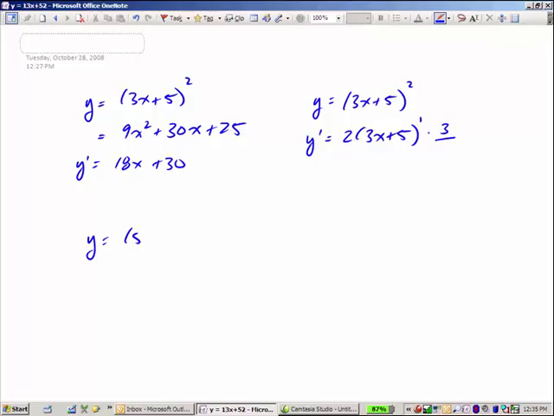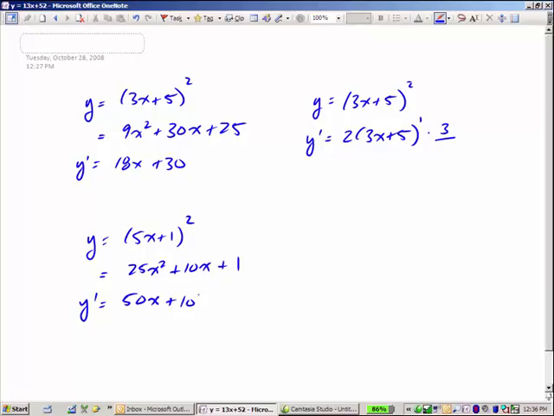All right, so if we did 5x plus 1 quantity squared, you would say, oh, let's factor that out. And that would be 50x plus 10, right? Now, over here, Johnny Shortcut doing the same problem might say, hey, that's 2 times 5x plus 1.